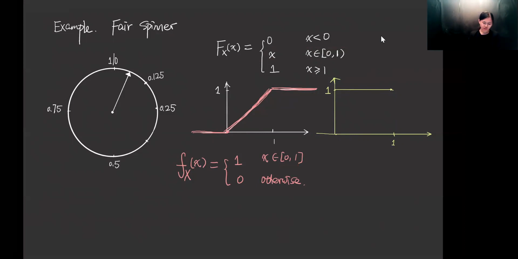So you can use closed interval or open interval. It does not matter what value you assign the PDF at the non-differentiable points of the CDF. Here I'm assigning 1 to the PDF function at these two non-differentiable points of the CDF. But you can do the opposite. You can assign the value 0 to these points as well.